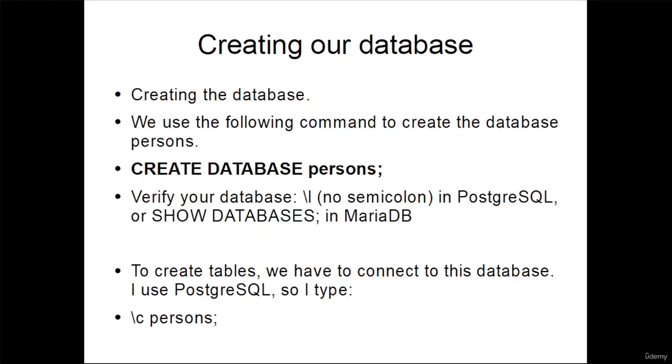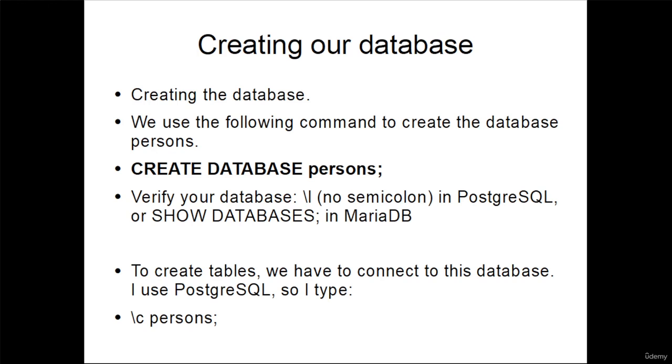Creating your first database. With your relational database management system, RDBMS, installed, it is time to create your first database. This is where you will store and organize your data. In Postgres, we use the following command to create a database. Create database persons semicolon. This command instructs Postgres to create a new database named persons.